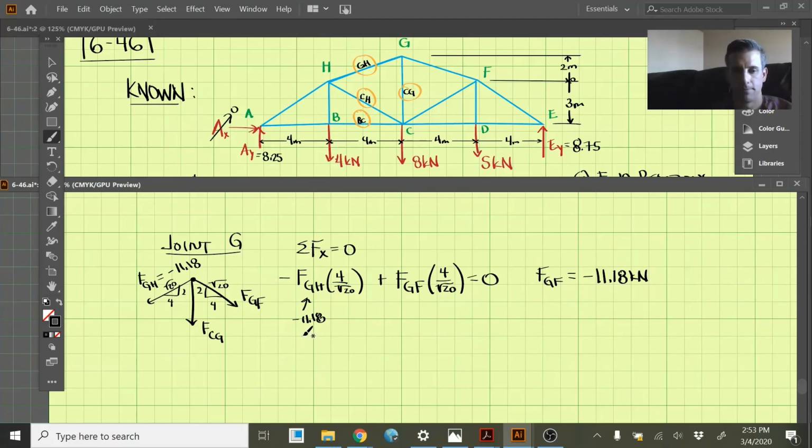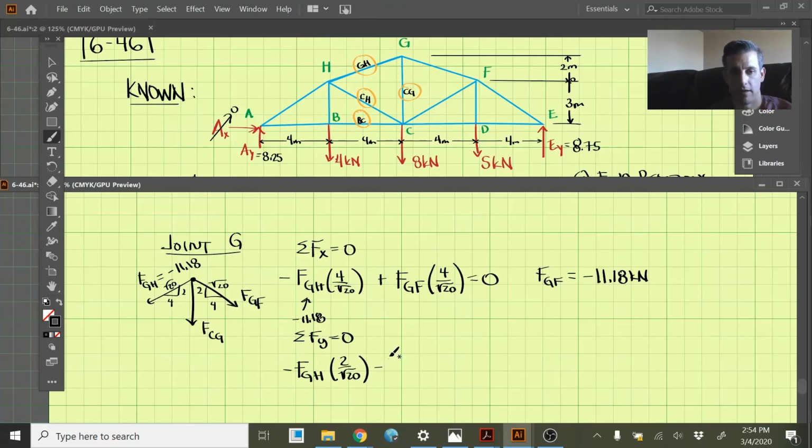Okay, so moving on. Now we can just take the sum of the forces in the y direction and set those equal to 0. So in the y direction, all three of these are going to have components in the y direction. So we have negative FGH, and the y component is 2 divided by square root of 20.